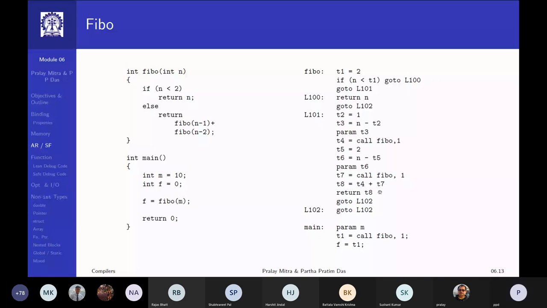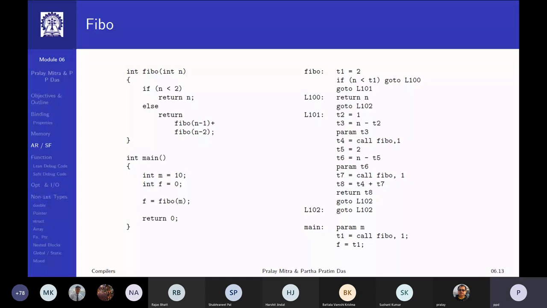And in the main, I have not shown these initializations. So you have a call to M, param M, call Fibo with one parameter, get the return value, put it to F. What you have on the right is its assembly version, which is what will actually execute along with the activation record.